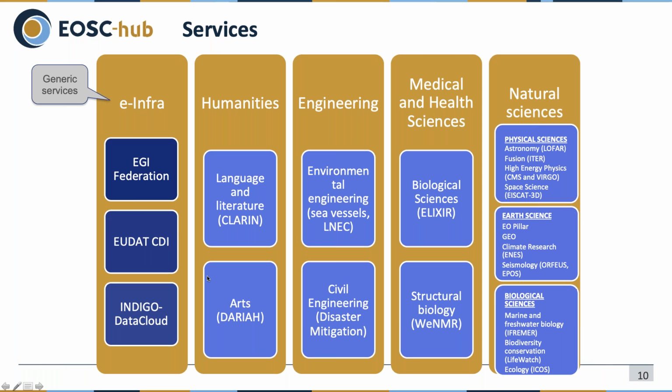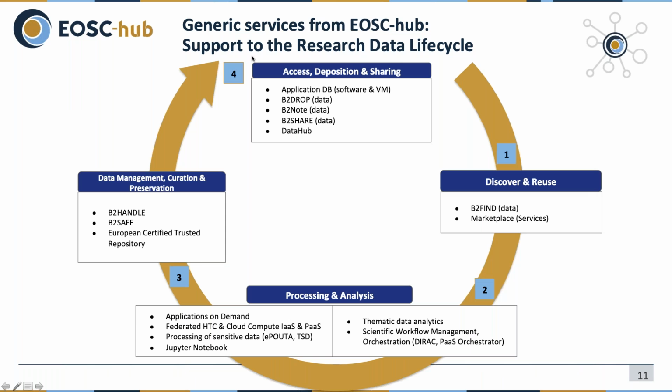Let me start with detailing the infrastructure services that, as you can see here, are offered by the EGI Federation, by the EUDAT Federation, and by the Indigo Data Cloud project or community. And let me show these generic services along the so-called research data lifecycle, which I'm sure you are all familiar with.